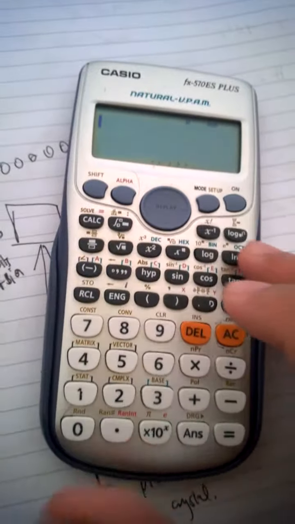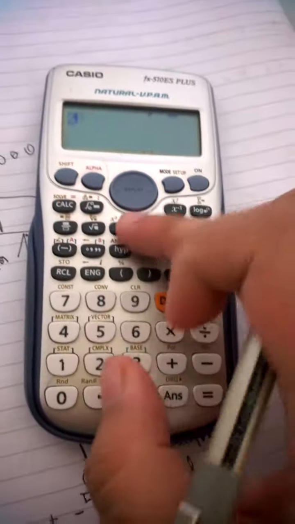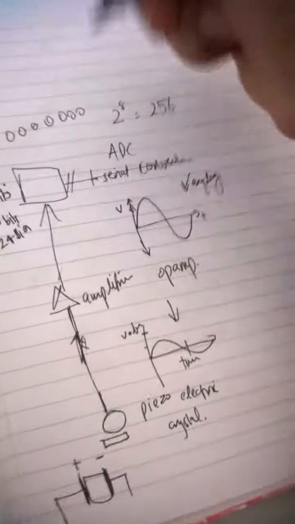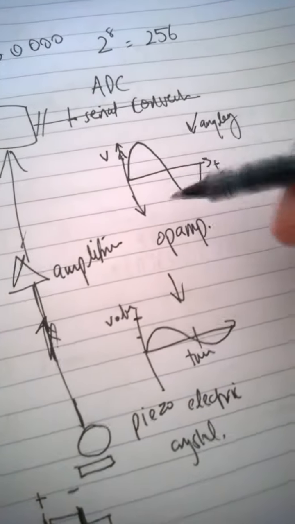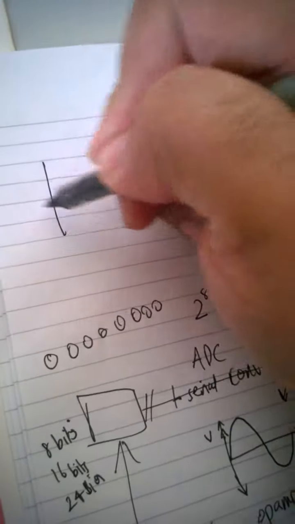It's going to be 2 raised to the power of 8. 256. So with the use of 8 bits, we can have 256 different levels of this analog signal.